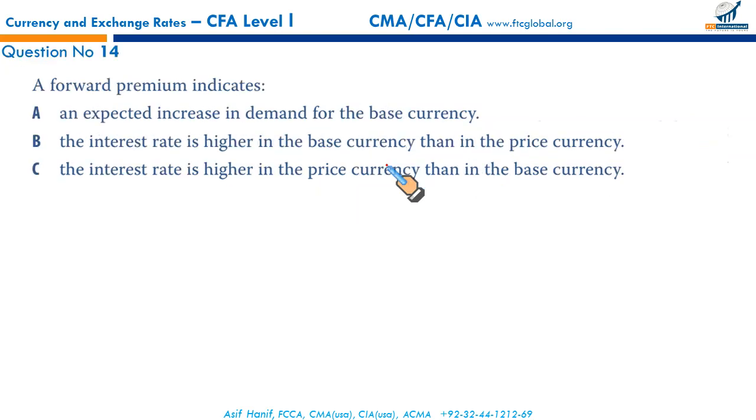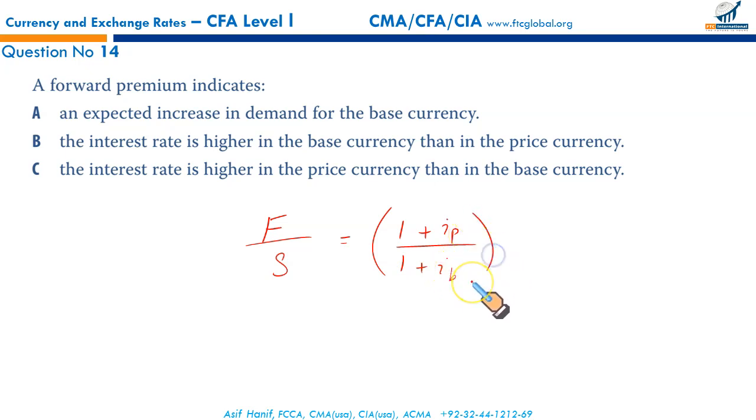A forward premium indicates what? Let us first write down the formula. Forward upon spot is equal to 1 plus interest rate in the price currency over 1 plus interest rate in the base currency. Now, a forward premium indicates an expected increase in the demand for the base currency. No, this is not correct. Not any increase in demand.